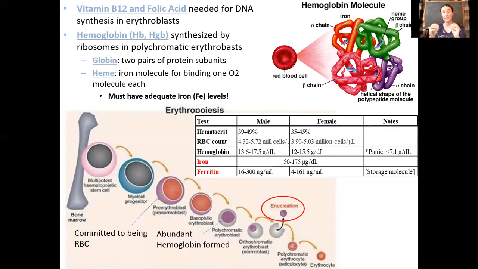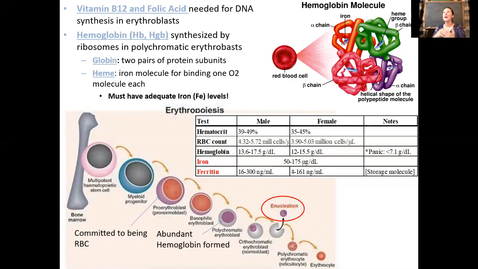Ultimately, these cells are going to be pretty much plasma membranes chock full of hemoglobin. Once there is abundant hemoglobin created inside the cell, we can pretty much get rid of all of the other organelles, right? We don't need a nucleus, we don't need a Golgi apparatus, we don't need any more ribosomes. None of those things are going to be important in the life of the red blood cell. The red blood cell's job is to transport oxygen, nothing else.